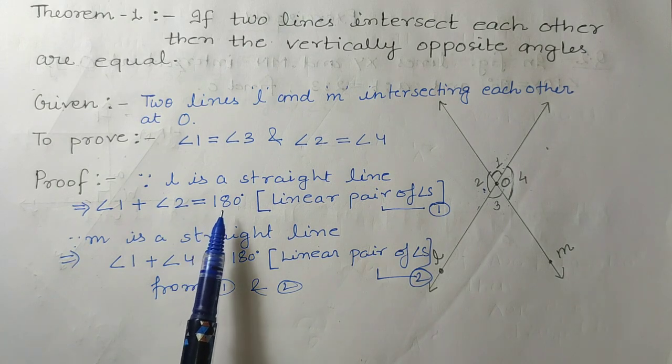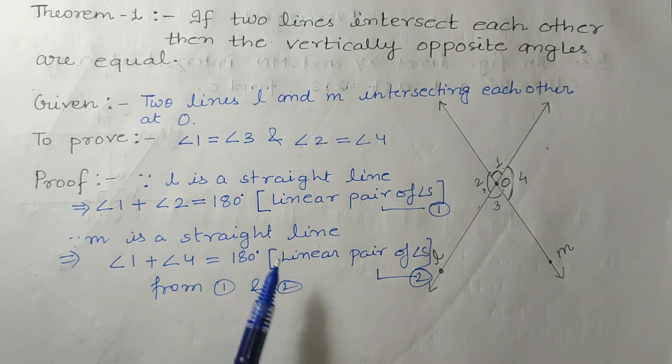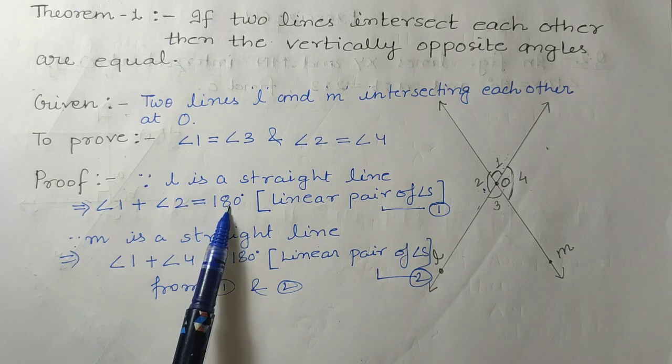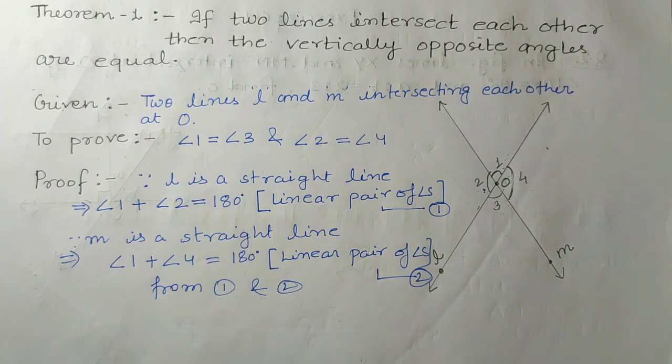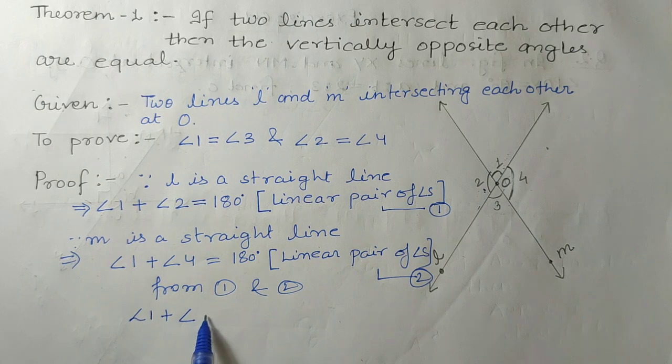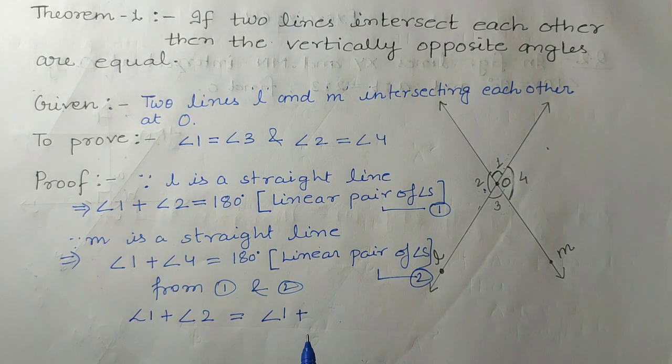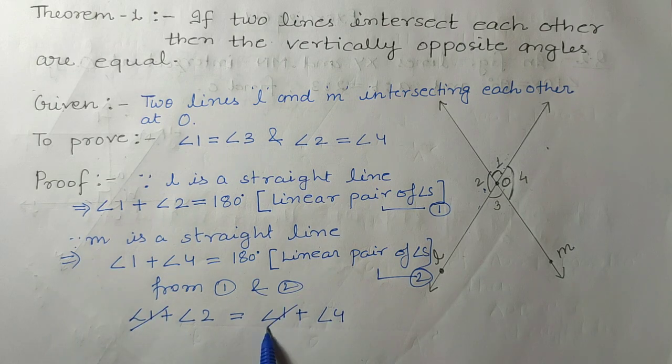So in that manner, from equation 1 and equation 2, if their right hand sides are equal, then their left hand sides should also be equal. Means angle 1 plus angle 2 should be equal to angle 1 plus angle 4. Now angle 1 and angle 1 will be cancelled out, and what is left? Angle 2 is equal to angle 4.